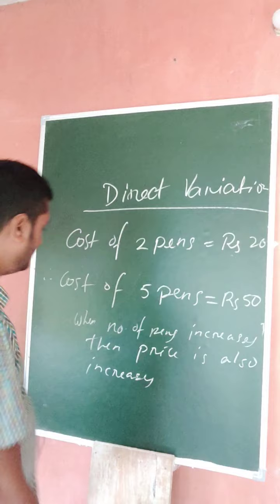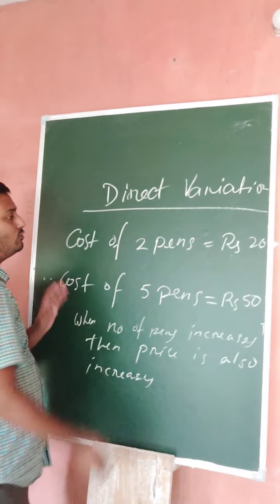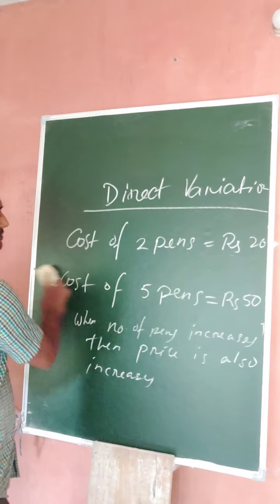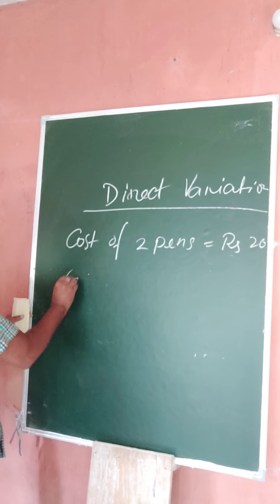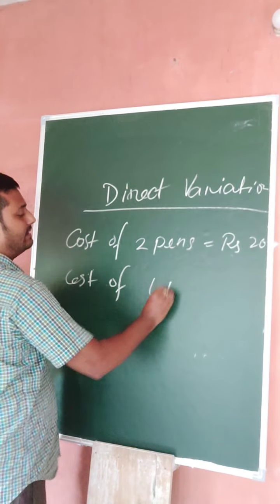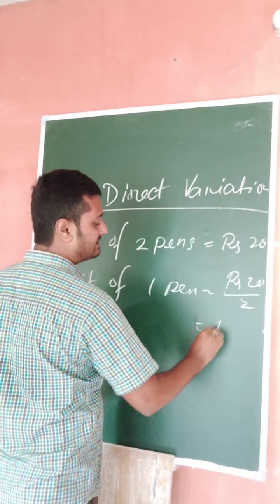Again, when the number of pens decreases, look: suppose the cost of 2 pens is rupees 20. Now suppose the cost of 1 pen. The cost of 1 pen is rupees 20 divided by 2, that means rupees 10.